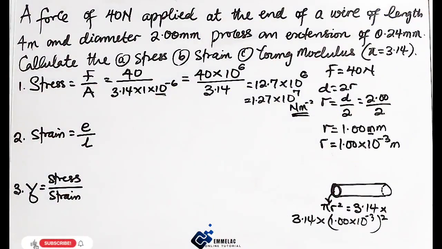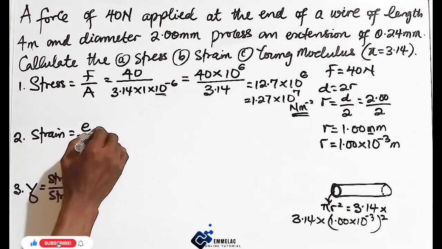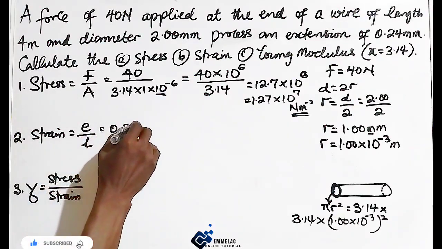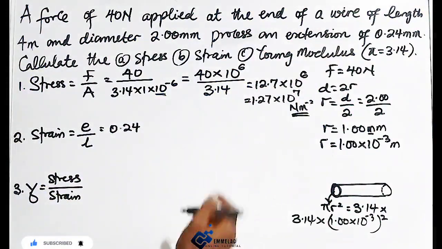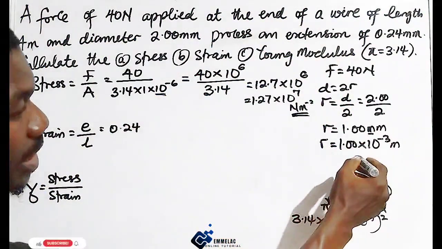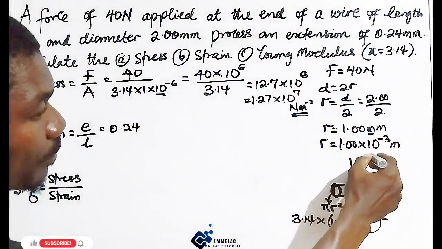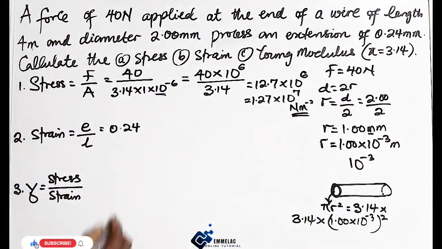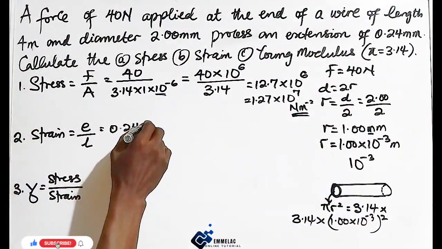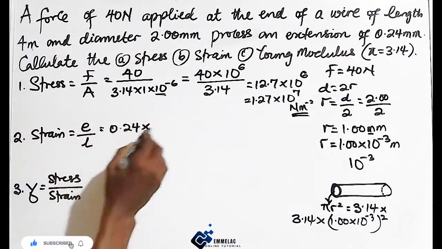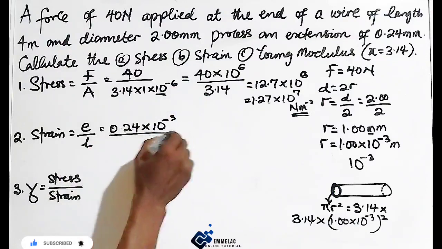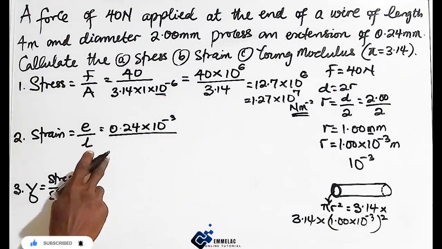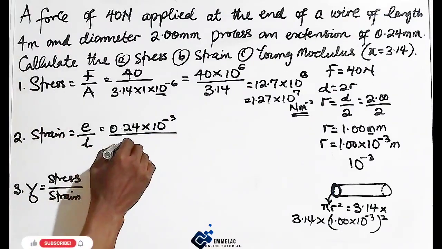Now for the strain, we have our extension to be 0.24 millimeter. Now converting millimeter to meter, I said earlier that our milli here implies 10 raised to the power of -3. So here converting it to meter, we now multiply this by 10 raised to the power of -3 all over the original length, which is given as 4.